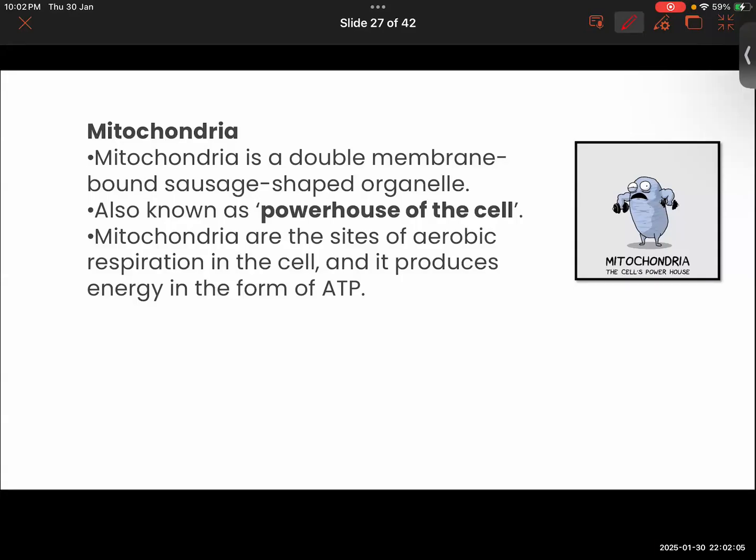As the rough endoplasmic reticulum has ribosomes on it, whose main function is to make protein. So can we not say that the rough endoplasmic reticulum's main function is to produce protein for the rest of the cell to carry out their functions, right? Yes, sir. So their main function is to synthesize protein and also transfer it to its destination, to different parts of the cell wherever it is required.